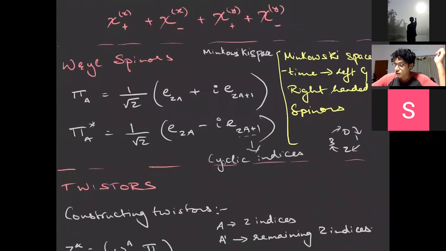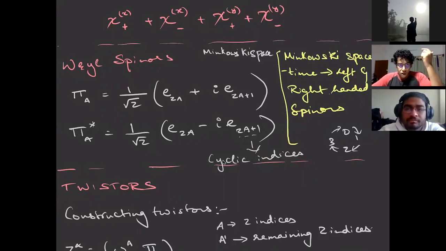So pi A is your Weyl spinor where your A index is fixed, and then corresponding to that e to A plus i e to A plus one. So these are your ladder operators, the basis for the ladder operators coming in. This is just the restatement of how we defined the spinors originally.